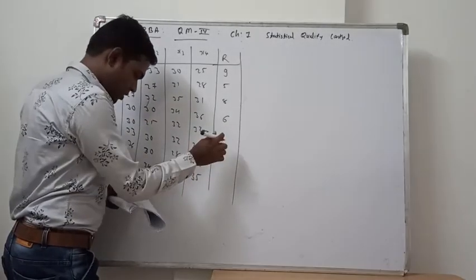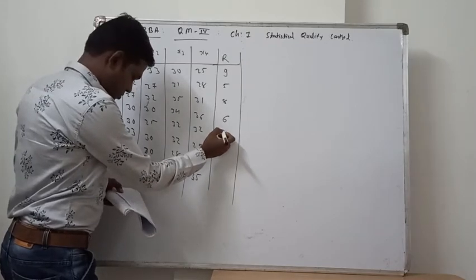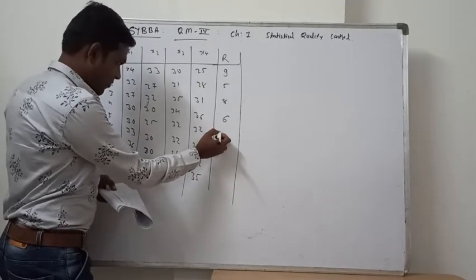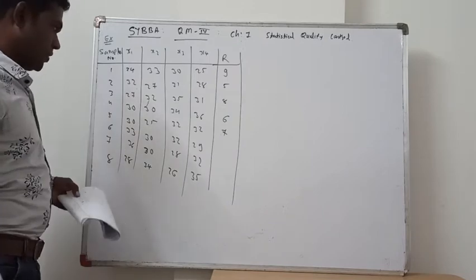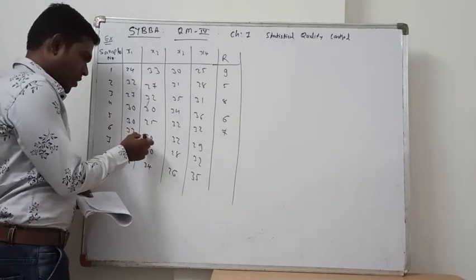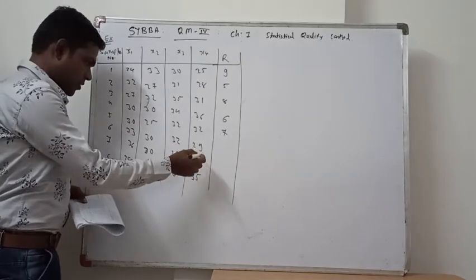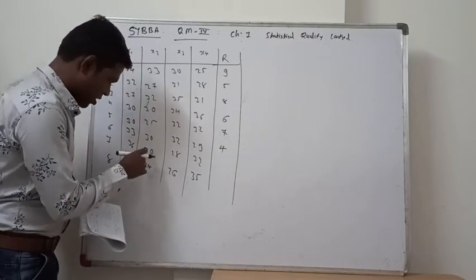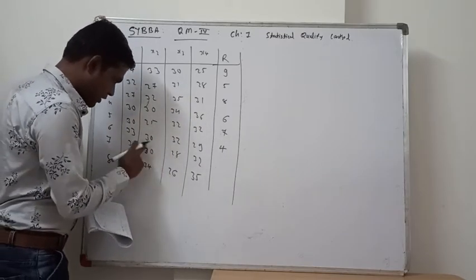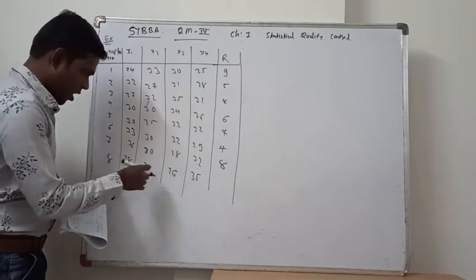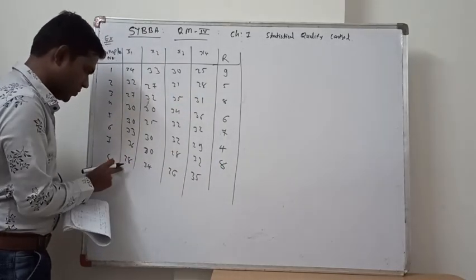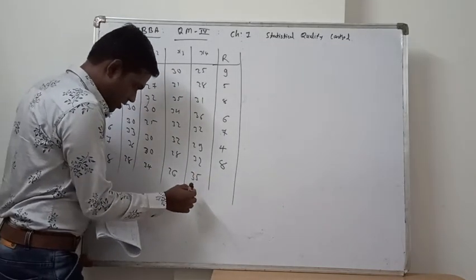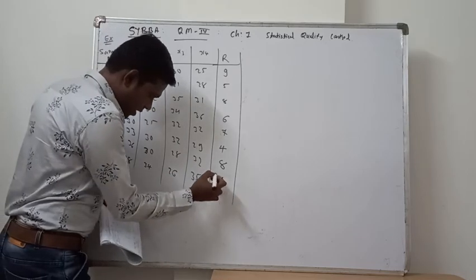The answer is 7. Okay. Next one, highest 33, lowest 29. The difference is 4. Next one, highest 36, lowest 28. 6 plus 2, that is 8. Over here, highest observation is 35, lowest observation 26. The answer is 5 plus 4, that is 9.